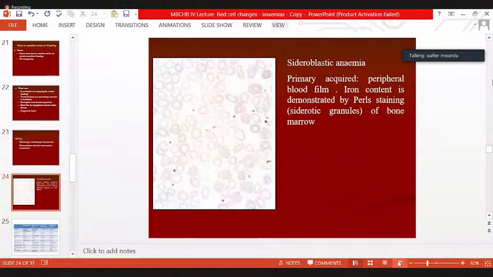When we are not sure, particularly if we suspect sideroblastic anemia, bone marrow aspirate examination and staining for iron is relevant.